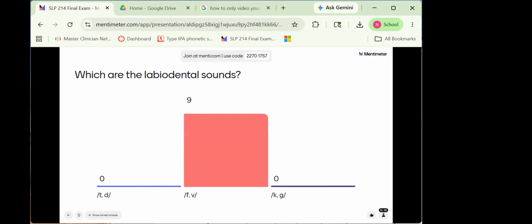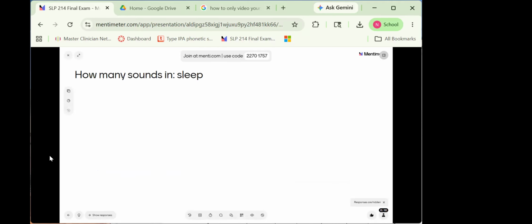Okay, f and v. Labial is your lip, dental, teeth, teeth on lip. How many sounds in sleep?